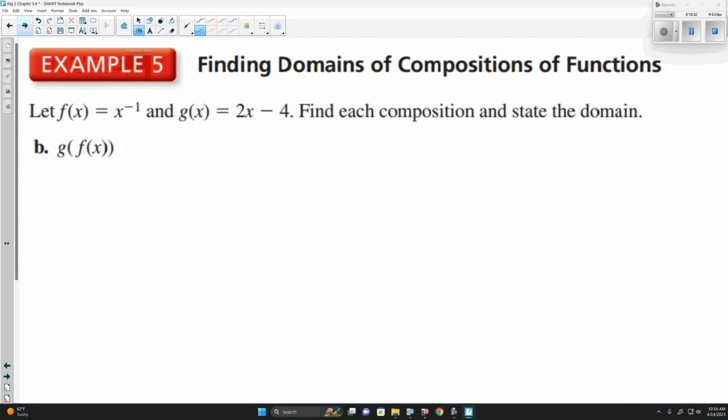Let's look at the next one. G of f of x. And this time we're going to replace f of x with its function, which is x to the negative 1.